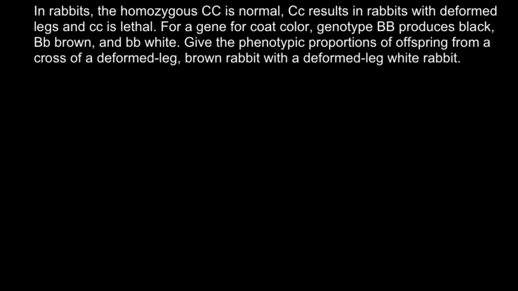The first gene would be gene C, which stands for the development of the legs, and we have three conditions. It can be capital C, and this would be normal, so I would notate it like this. We may also have the heterozygous condition, capital C, small c, and the legs would be deformed.